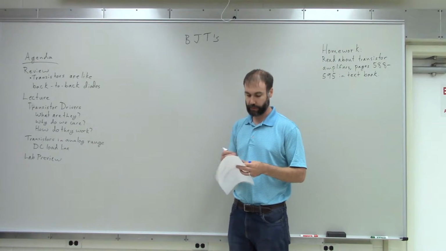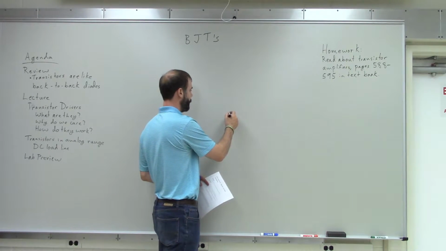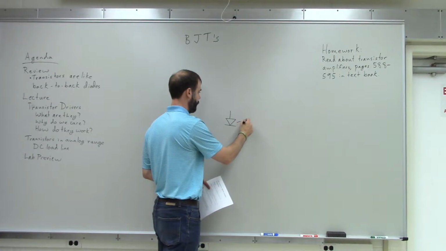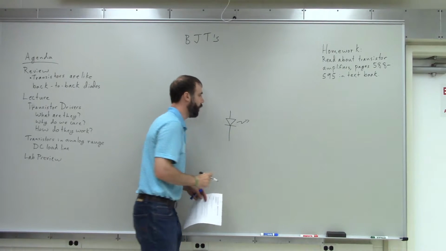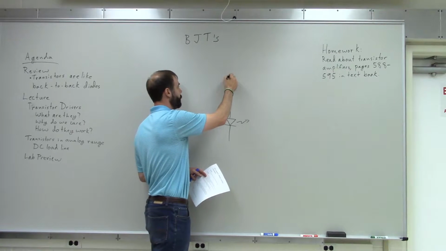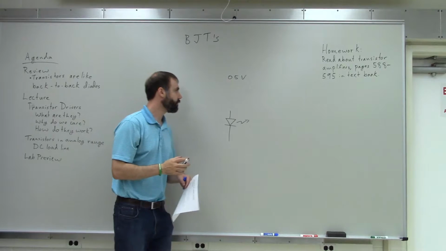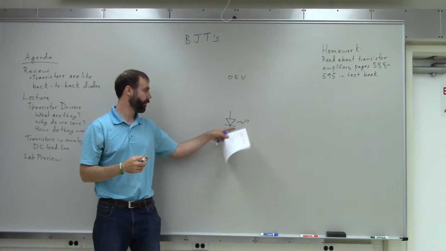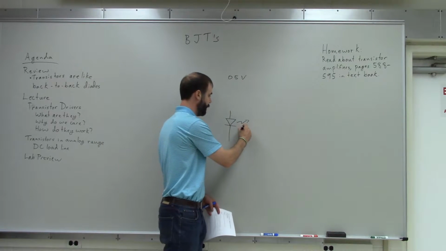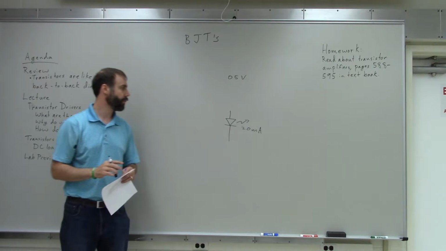So let's say that you wanted to power a little LED. And you have a 5-volt power supply, and you know that you want to have 20 milliamps going to that LED.